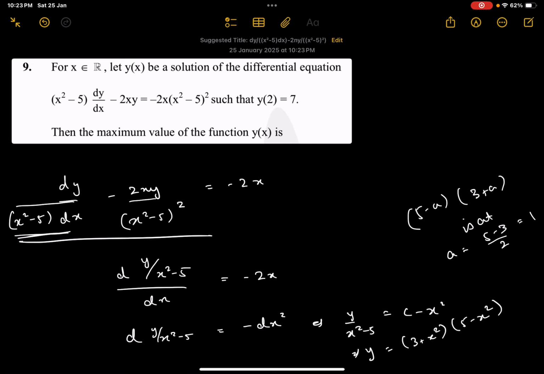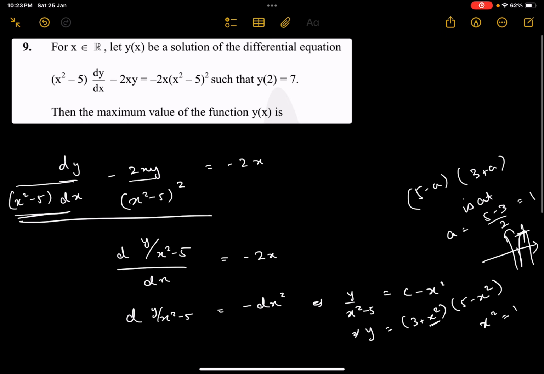So notice that x square can in fact attain the value 1. So the maximum will be at x square equals 1. Because when x square is replaced by a, we get a downward parabola. So its maximum is at the average of the roots.